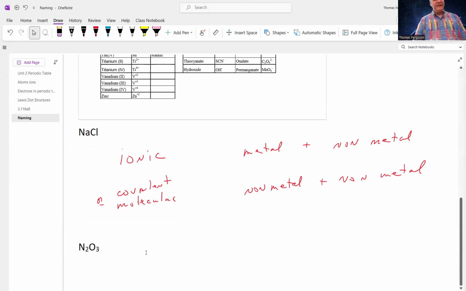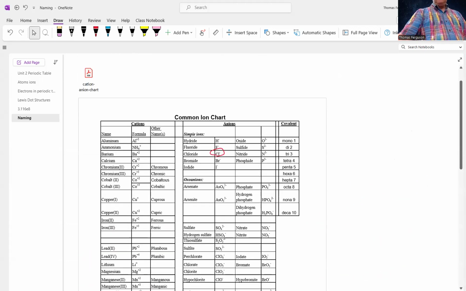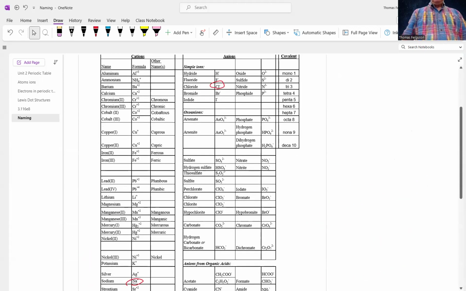Okay, how's this? Is this ionic or molecular? Okay, it's two nonmetals. Nitrite is N minus 3 right here, and then oxygen is oxide right here.